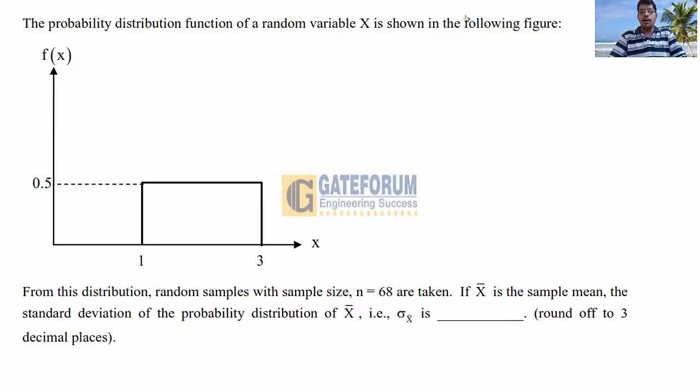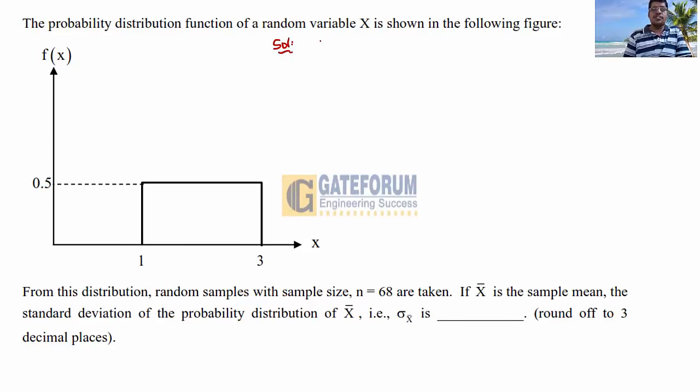If x bar is the sample mean, the standard deviation of the probability distribution of x bar, that is sigma x bar, is to be rounded off to 3 decimal places. This question is from engineering mathematics, from the topic probability and statistics, subtopic random variables, distributions, samples.